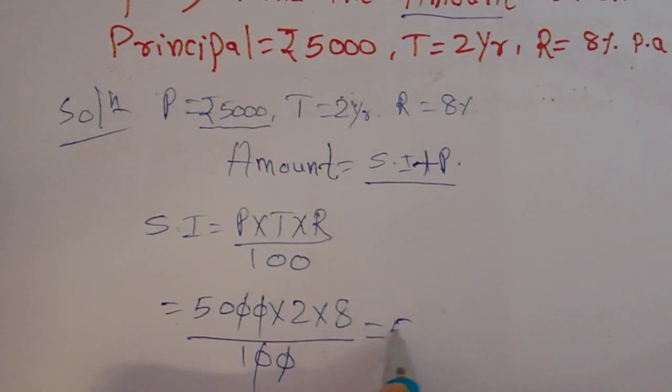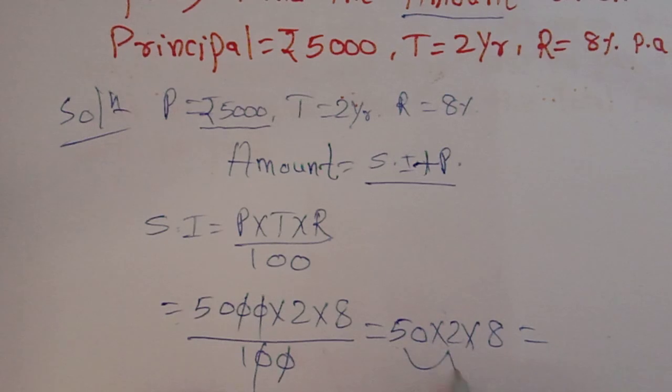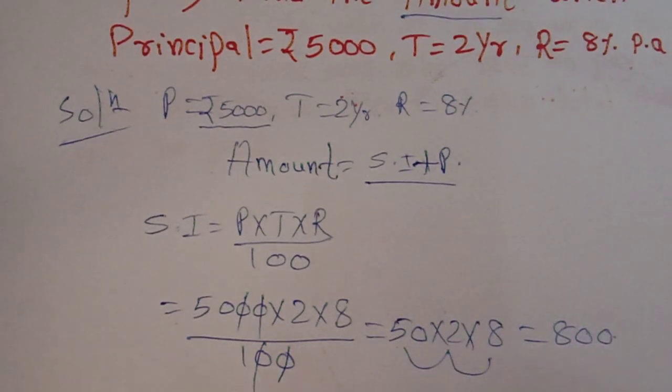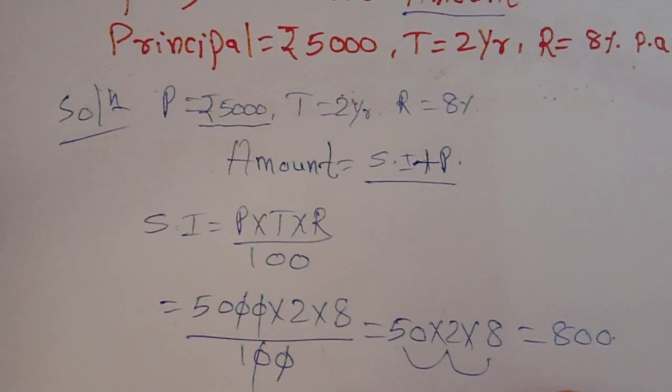How much remains? 50 in the numerator, 2 also in the numerator, and 8 also in the numerator. In the denominator nothing is there. So 50 times 2 is 100, 100 times 8 is 800. So students, we got simple interest 800 rupees.